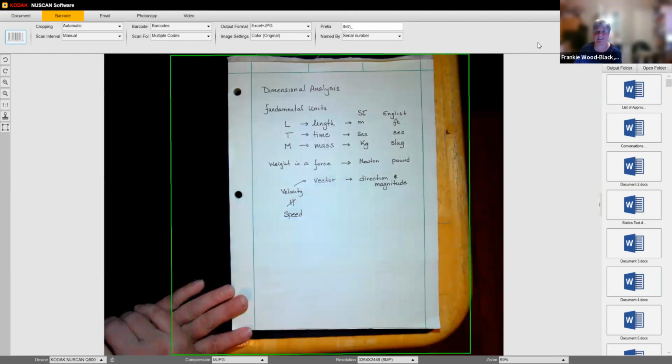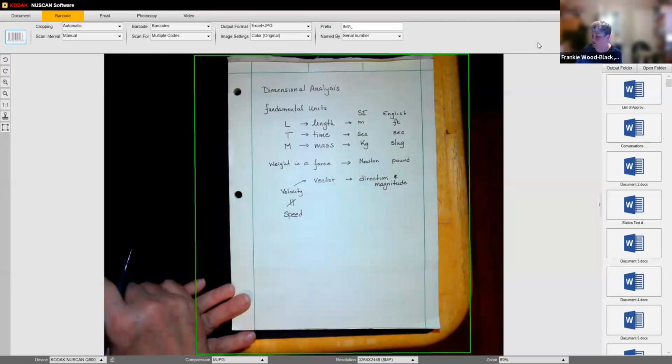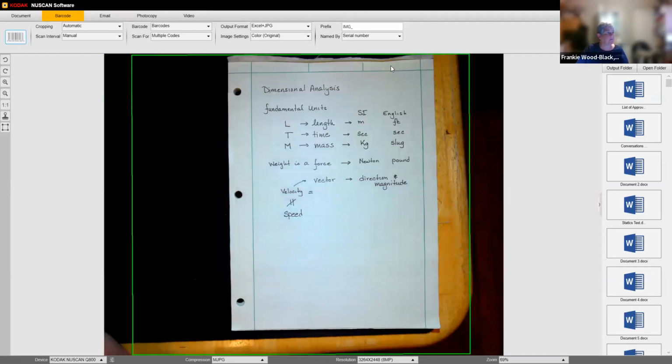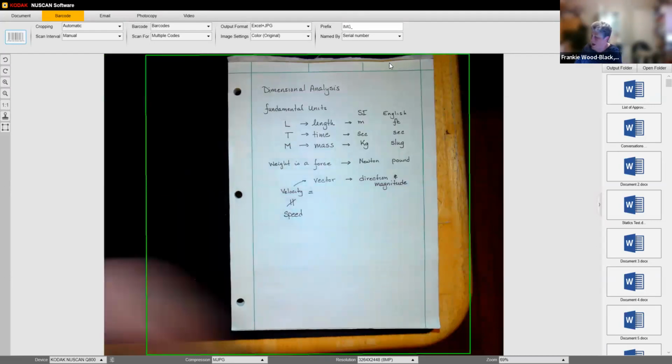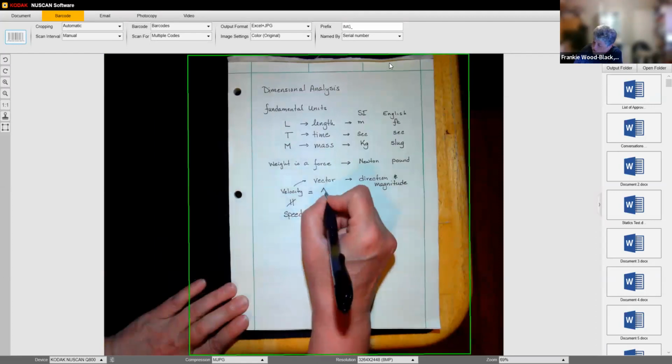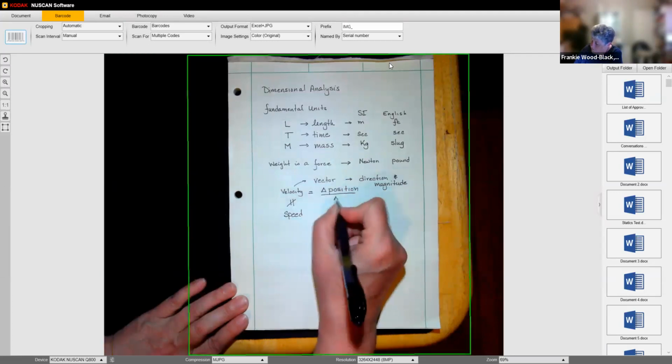Velocity is not necessarily speed. And this is where things get into a little bit of weirdness. But velocity is defined as a change in position with respect to time.